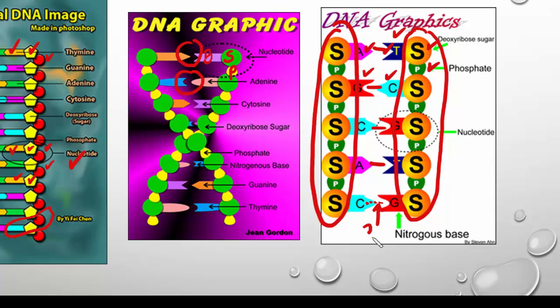There can be three hydrogen bonds in the case of cytosine and guanine, but when the bonding is between adenine and thymine, there are two hydrogen bonds. We've gone over this in class, and you can see that in various textbook images as well.